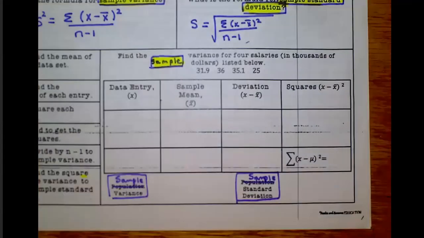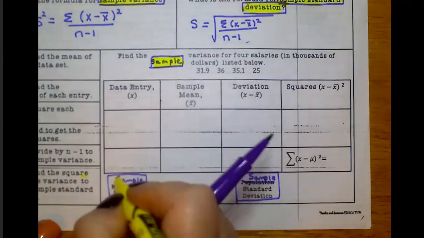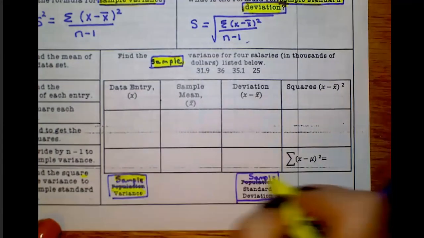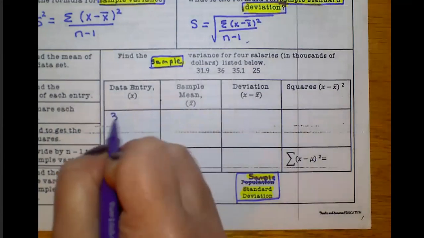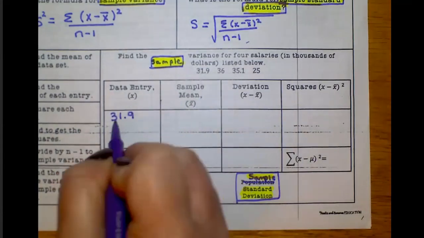So change both of those at the bottom to sample and mark out population. Okay, so I'm going to use the same data entry. This time we're going to say they took a sample of employees at the company. They didn't do the whole population. So we're going to have the same numbers.